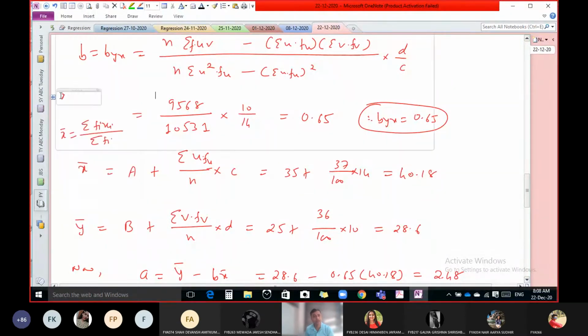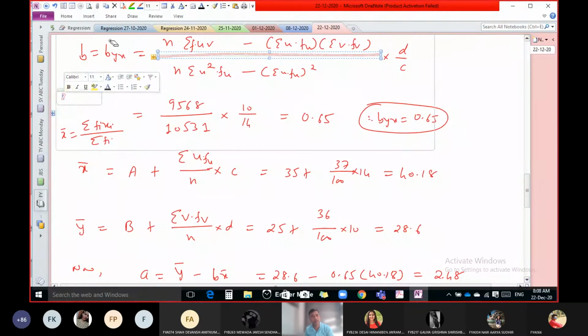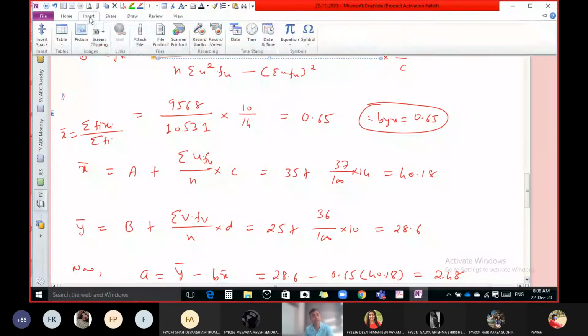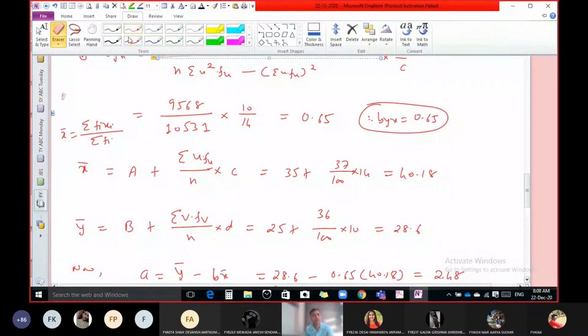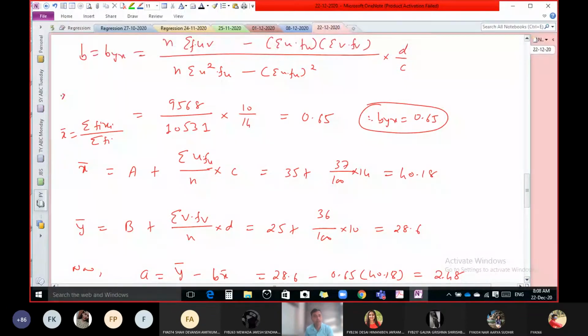X bar equal to a plus sigma fi di upon n into c. This is one of the formulas you are very much familiar with. So same formula you have to use here.